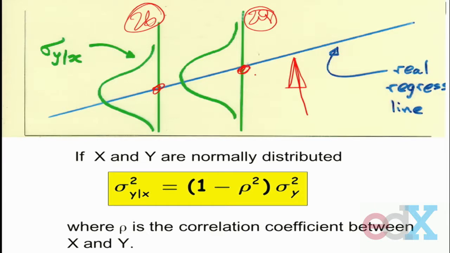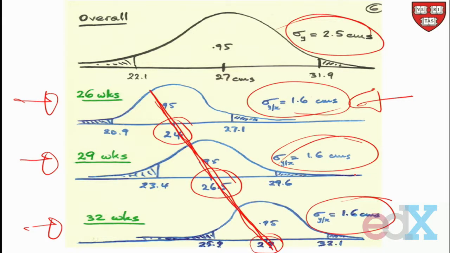If that is the real regression line, and x and y are normally distributed, then here is the relationship between the two variances. Now, what are these two variances? Well, this is the standard deviation of the y's if we ignore gestational age, and this is the standard deviation of the y's if we bring into account the gestational ages.